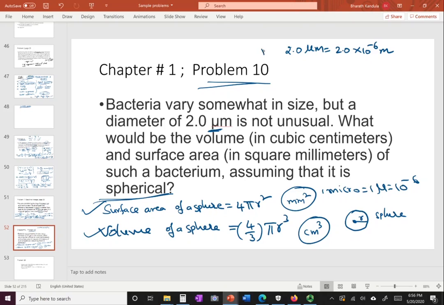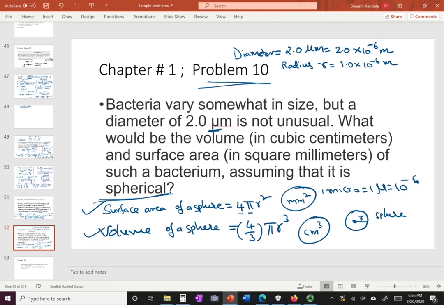Clearly write down, this is the diameter. Now the radius will be just half of this, so the radius is equal to 1 micrometer. Very simple.